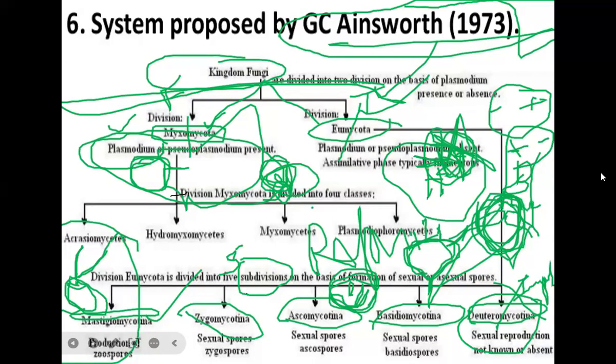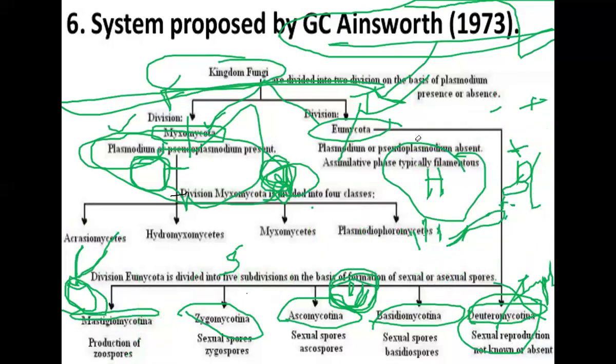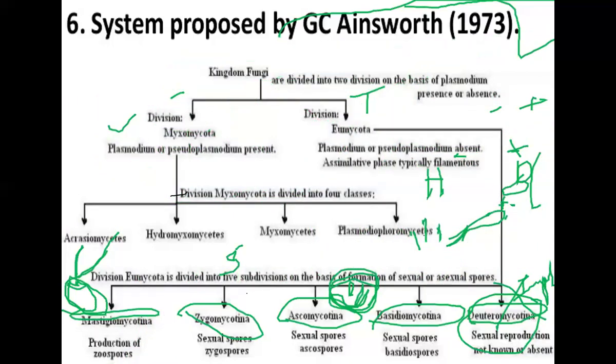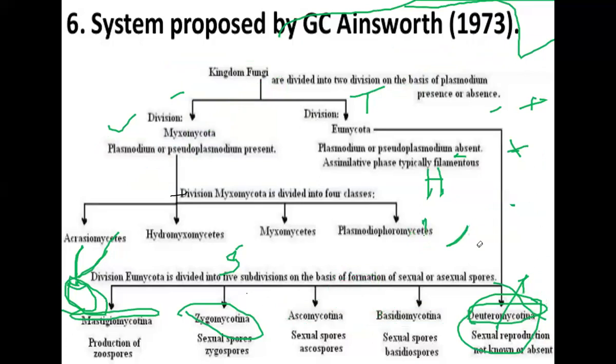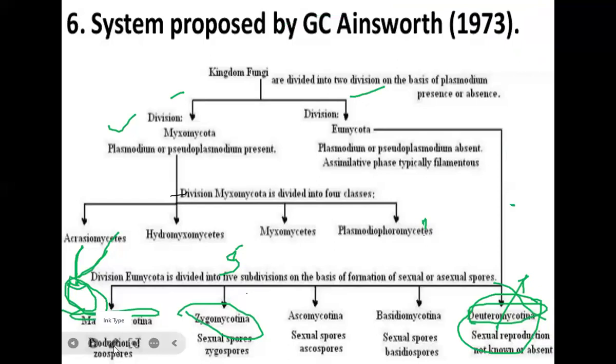Okay. Leave it. Deuteromycetes fungi are also called imperfect fungi. What does it mean? Imperfect fungi, where there is no perfect stage. You know what the perfect stage means? Sexual reproduction.